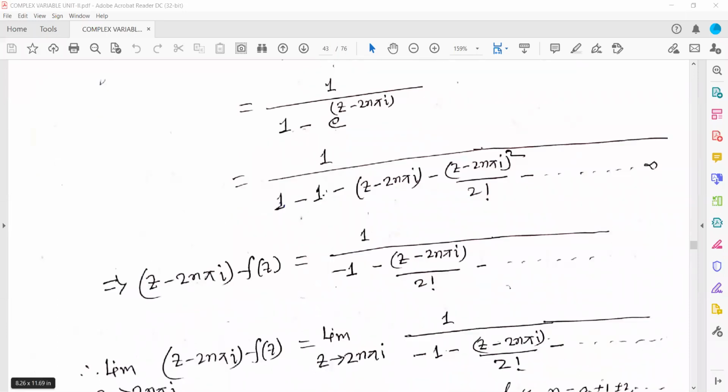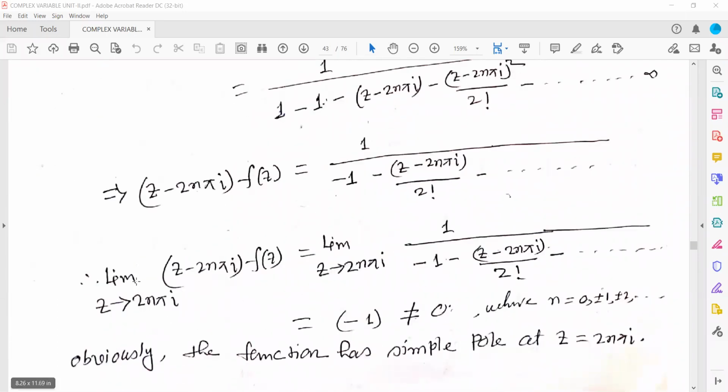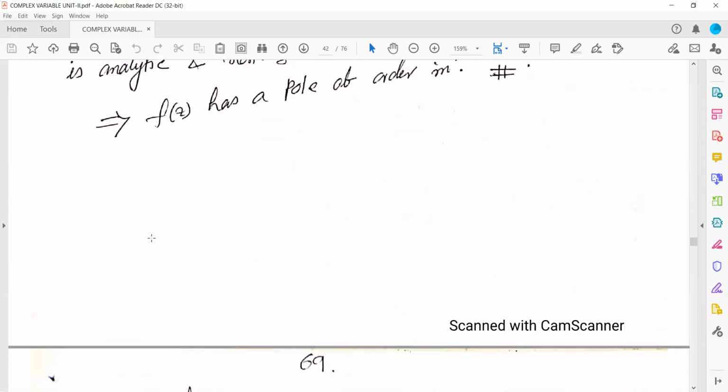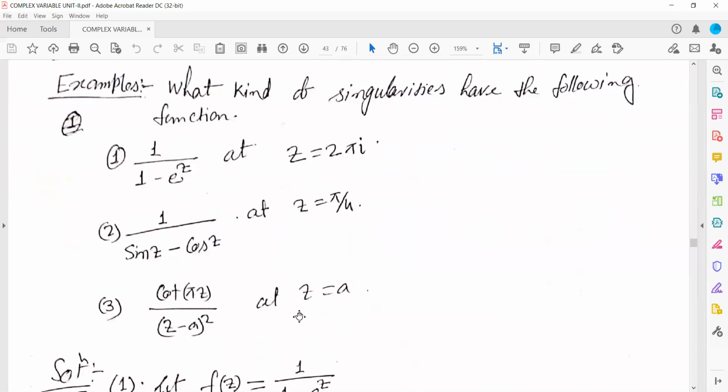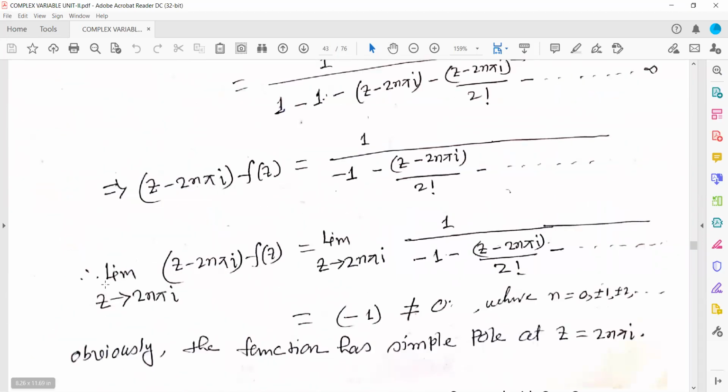After doing that, take the limit, because at which point do you need to find? At the point z equal to 2 pi i. So now take the limit z tends to 2n pi i. Limit z tends to 2n pi i, (z minus 2n pi i) into f(z) is equal to the limit of this.